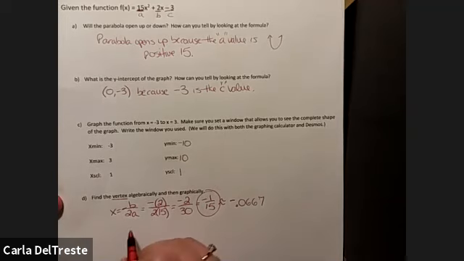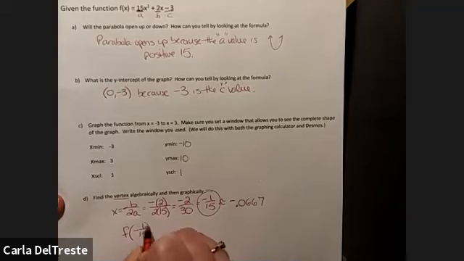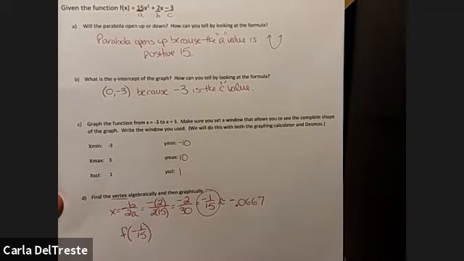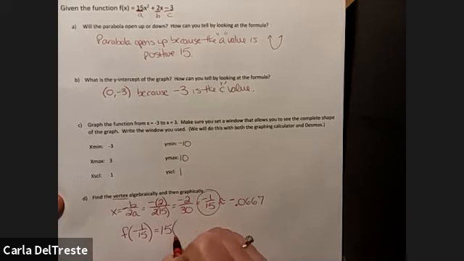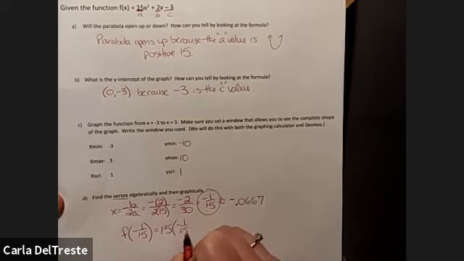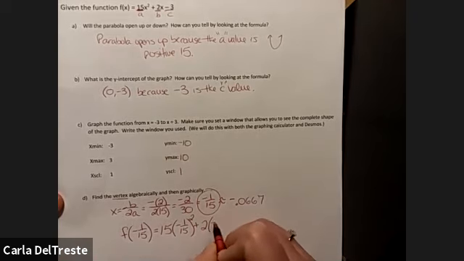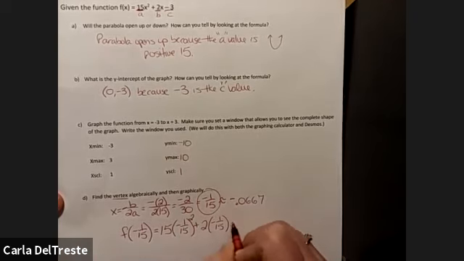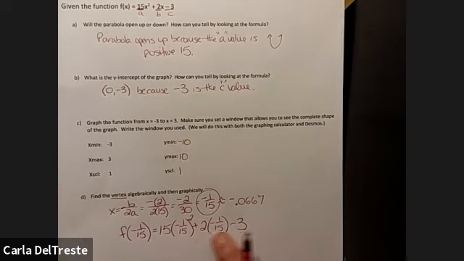So to find the y value, I have to evaluate the function at -1/15. So everywhere I see x in the original function, I'm going to type in -1/15. And you can do this directly in your calculator the way that it looks.